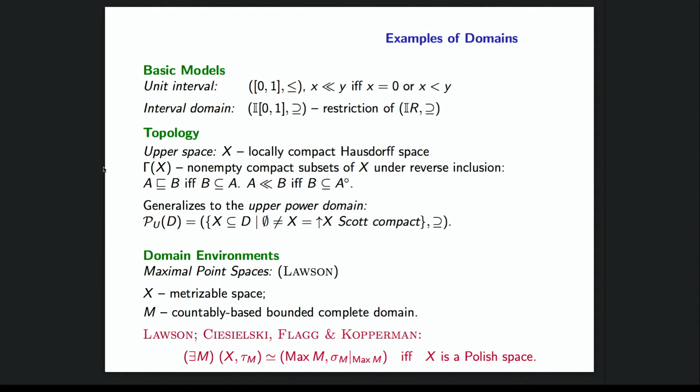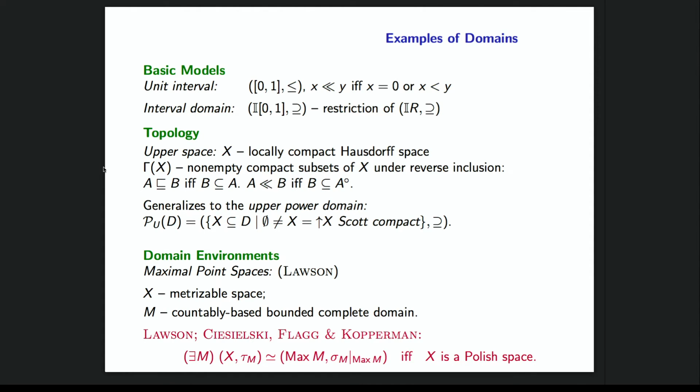I think he's the one who defined these spaces. So the idea is to take a metrizable space and look at, as well, countably based bounded complete domains. So that means there's a countable base for the topology, and bounded complete means any pair of elements has a greatest lower bound. And the question is, could I realize X as the set of maximal elements?